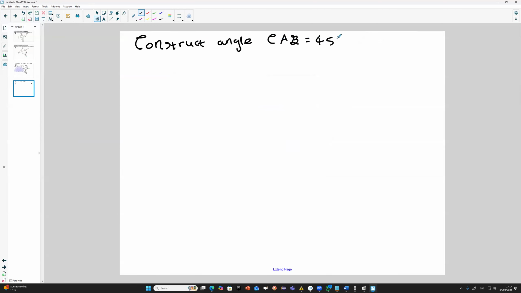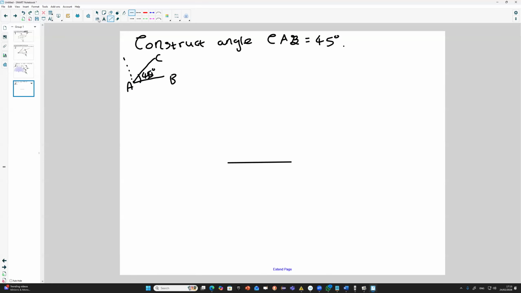Let's say we want to construct the angle CAB, which is 45 degrees. So just to show what that would look like, we would have something like that, CAB. That means you'd want a 90-degree angle at A, and then you'd bisect it. So let's say I've been given the line AB there.